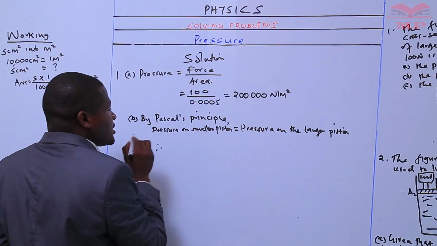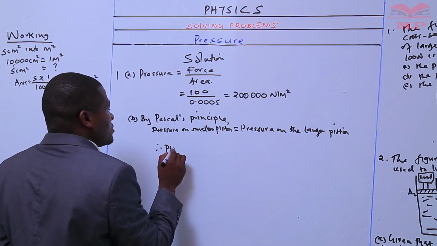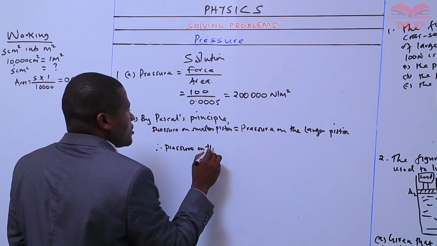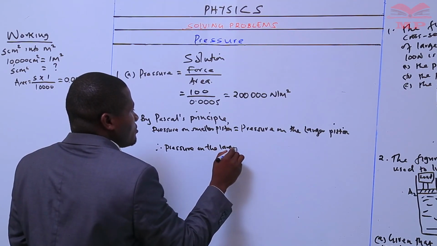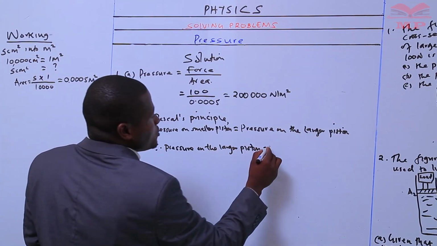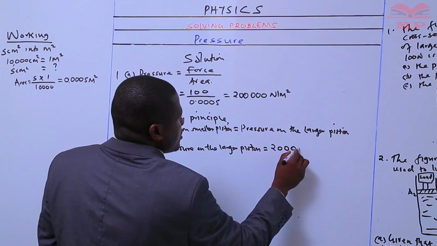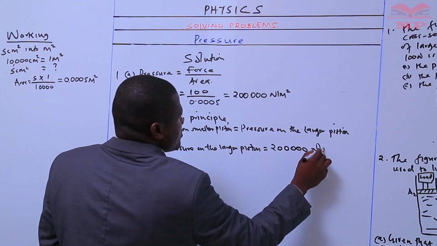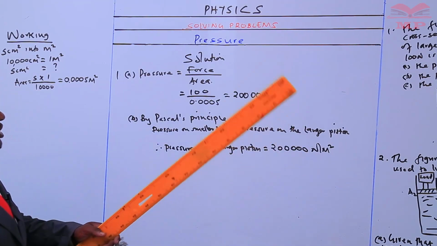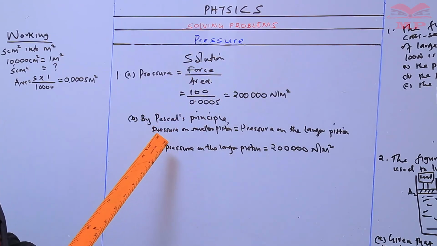This implies that pressure on the larger piston is given by 200,000 Newton per meter squared. That is the answer for the second part.